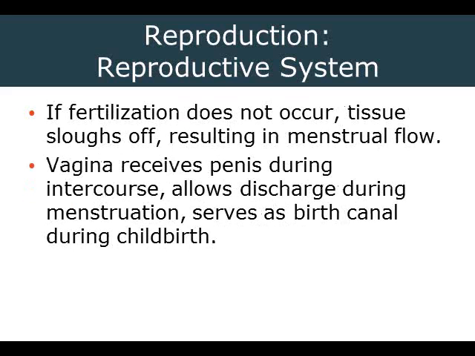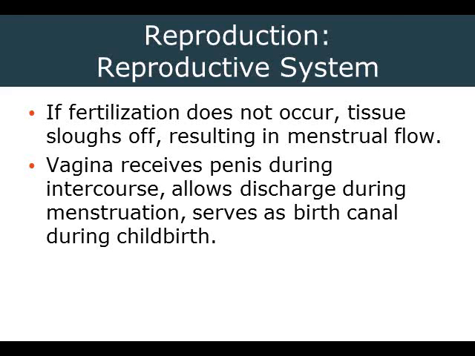If fertilization doesn't occur, that's when the menstrual cycle begins. The tissue sloughs off every month. The female body produces hormones that make it a nice, loving, safe, kind environment in the uterus in case a fertilized egg would need to grow there. And if it's not necessary, they scrap it and start all over.